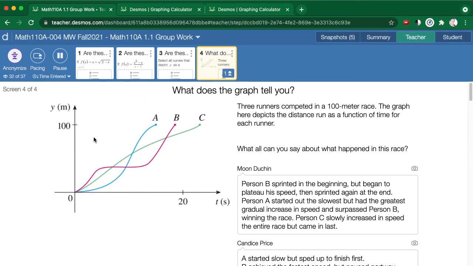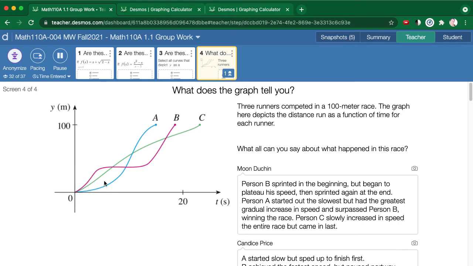This graph is graphing distance run over time. So that means that A reached that 100-meter mark in the smallest amount of time. B reached that 100-meter mark in more time, and C reached that 100-meter mark in the most amount of time. So this is the clue that A came in first and C came in last: it took the most time for C to reach 100 meters and the least time for A.